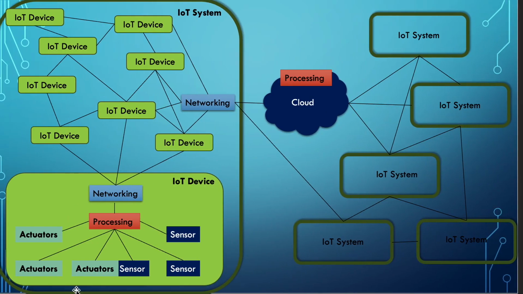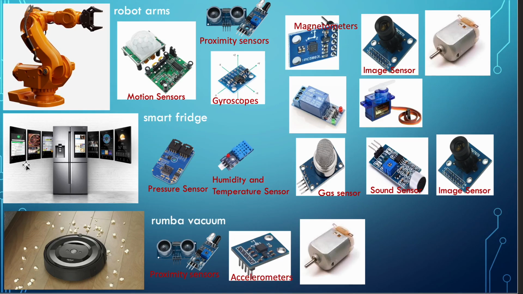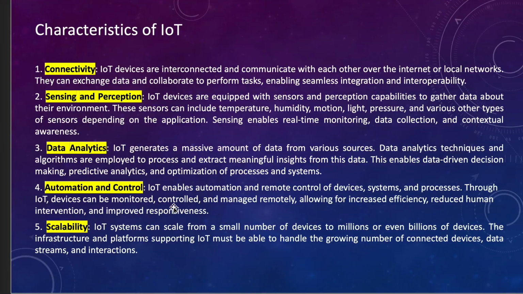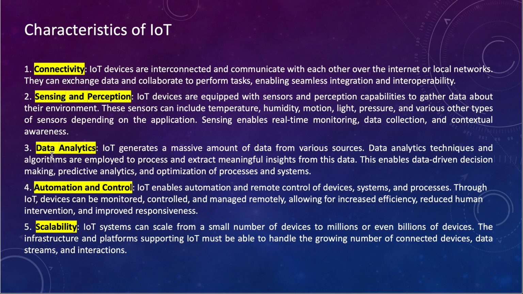We looked at actuators and sensors, the hardware layer of it, what is inside an IoT device and what it can do. So we know the hardware layer. Next would be data analytics, automation controls, and scalability. We will talk about data analytics first.